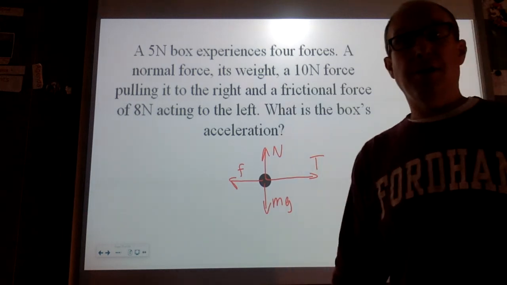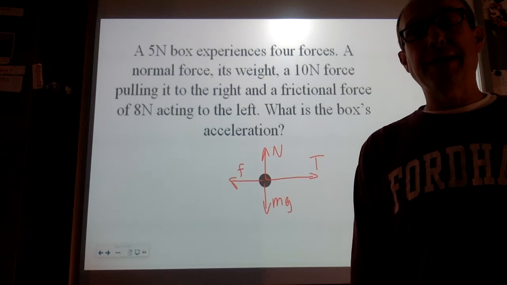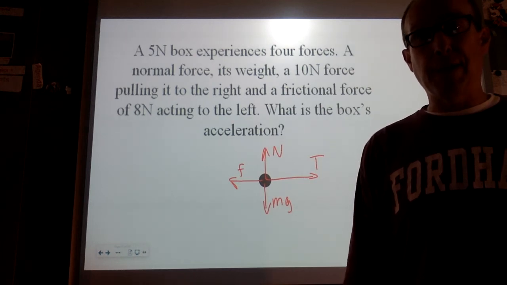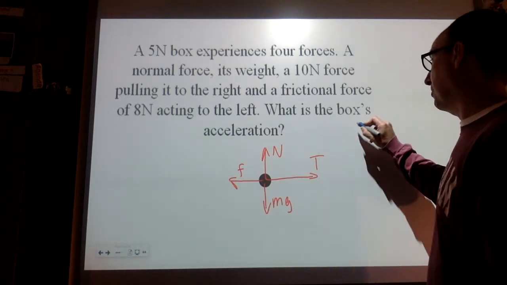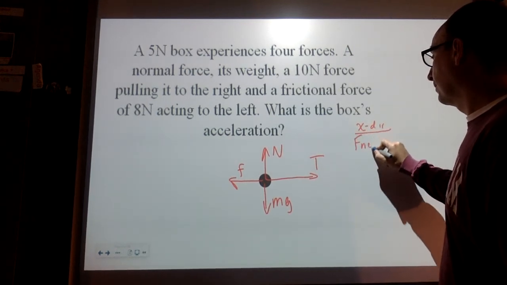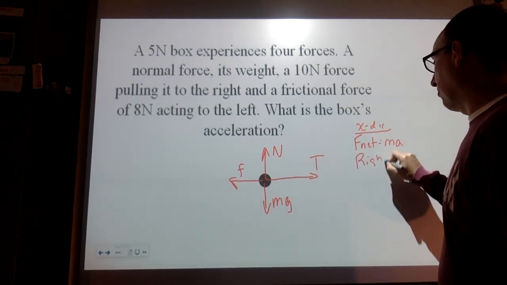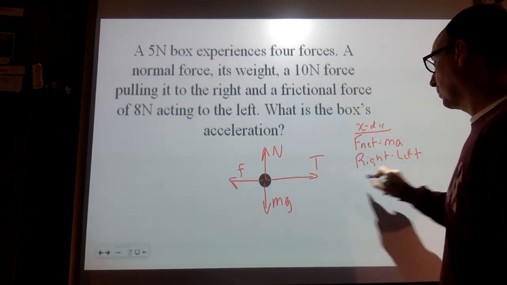I have 2 dimensions here. It's only going to accelerate where they're imbalanced. Looking at these numbers, you should be able to identify that one of them is unbalanced. That's going to be the x direction. I'm doing the right minus left.